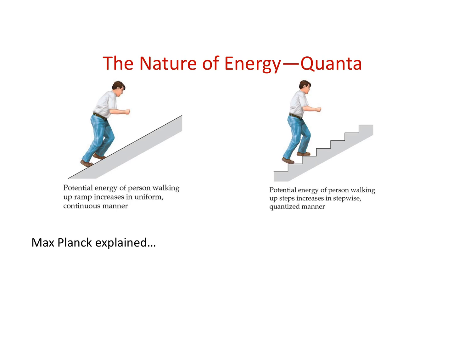This was important because instead of thinking of energy as a ramp where we're just gradually increasing in energy, Max Planck quantized energy. He said that energy comes in discrete packets.